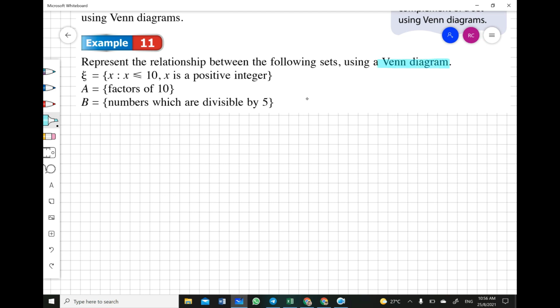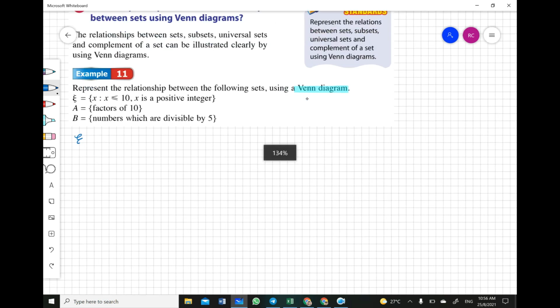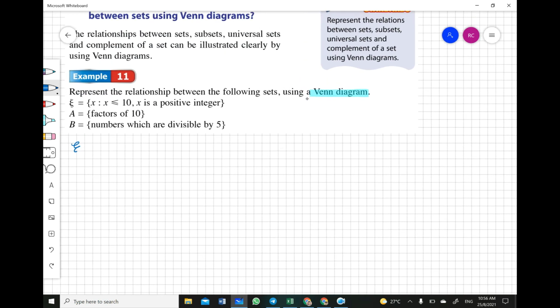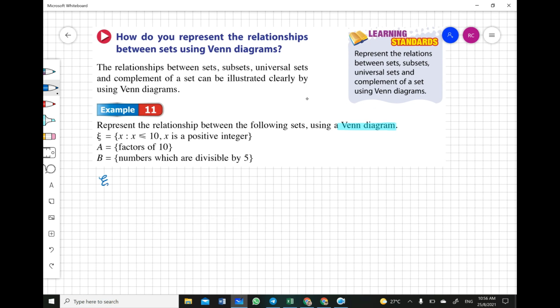First thing, you need to list the universal set. The universal set is less than or equal to 10, and x is a positive number.